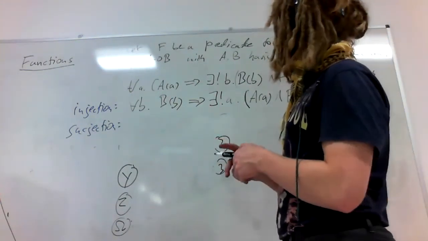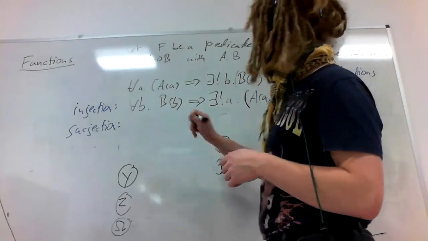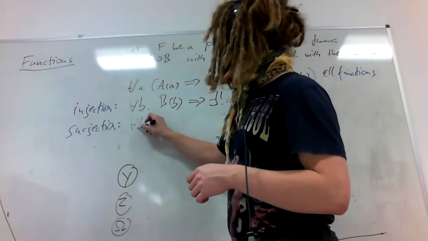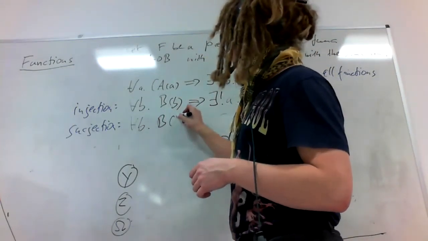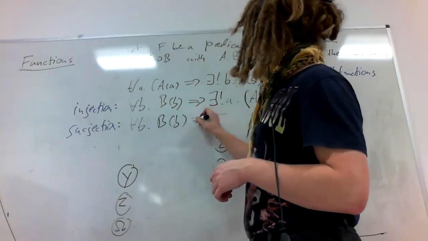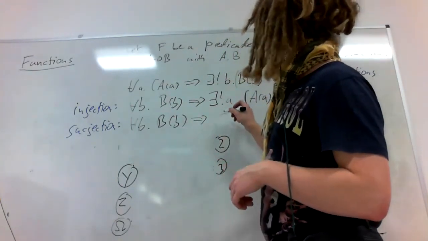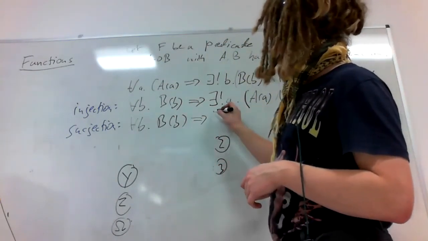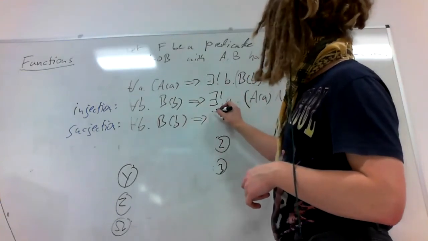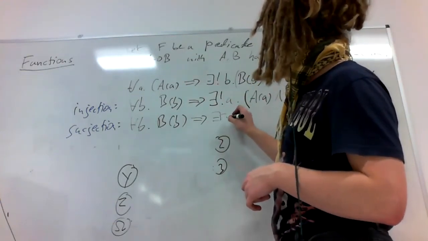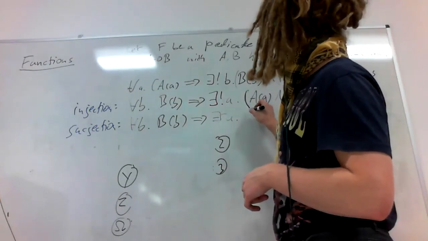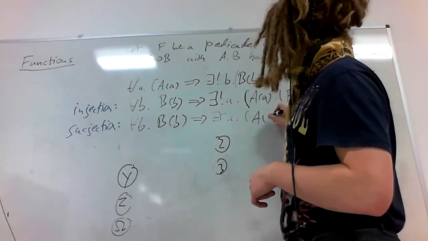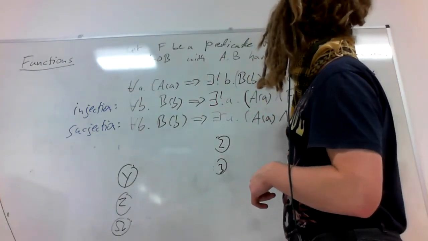So for each of the output values, B from the outputs implies that there just exists an A from the inputs that is mapped towards it.